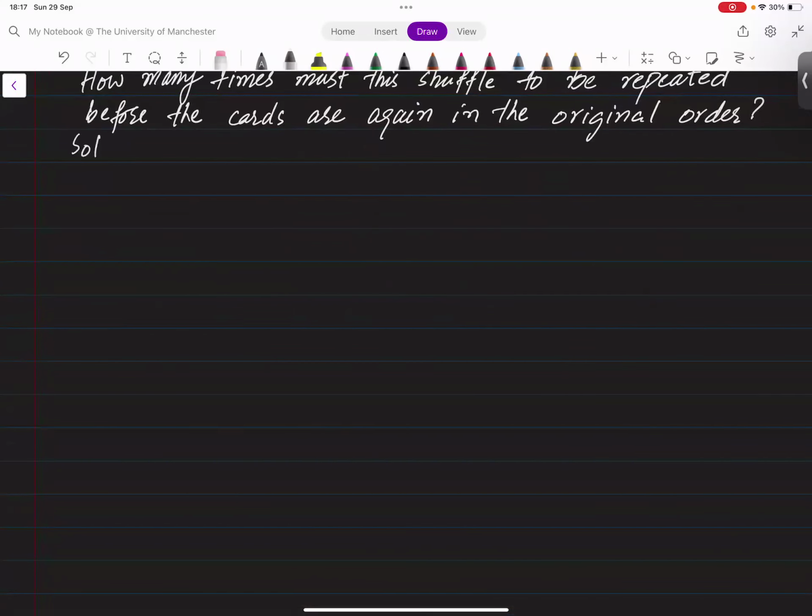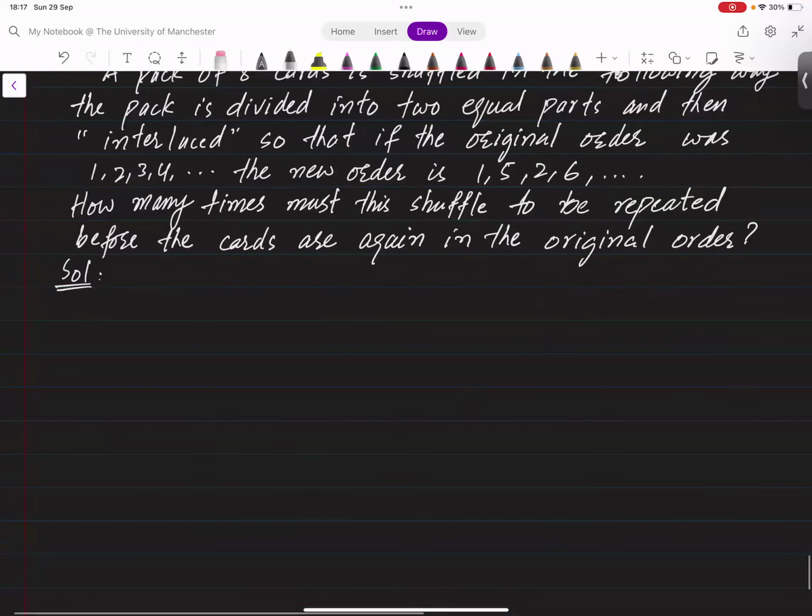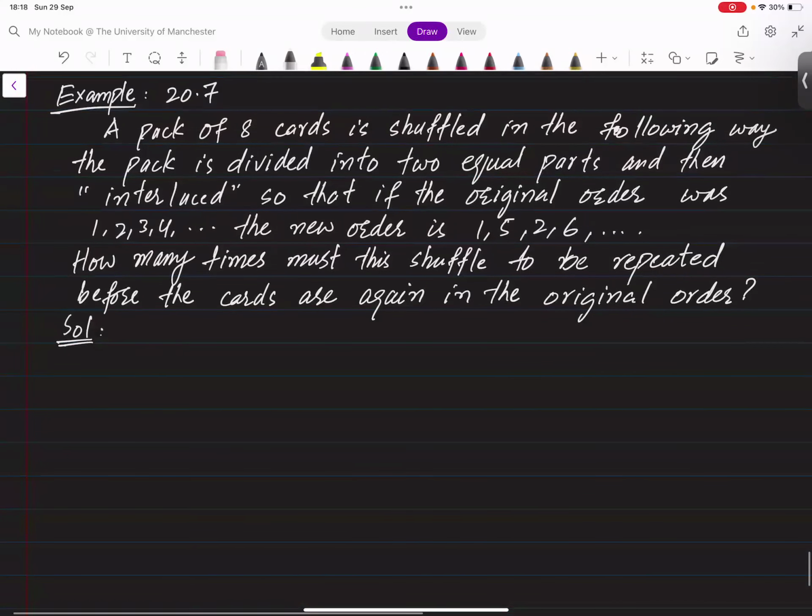Now the answer would be that the shuffle gives the following permutation of the 8 card positions.